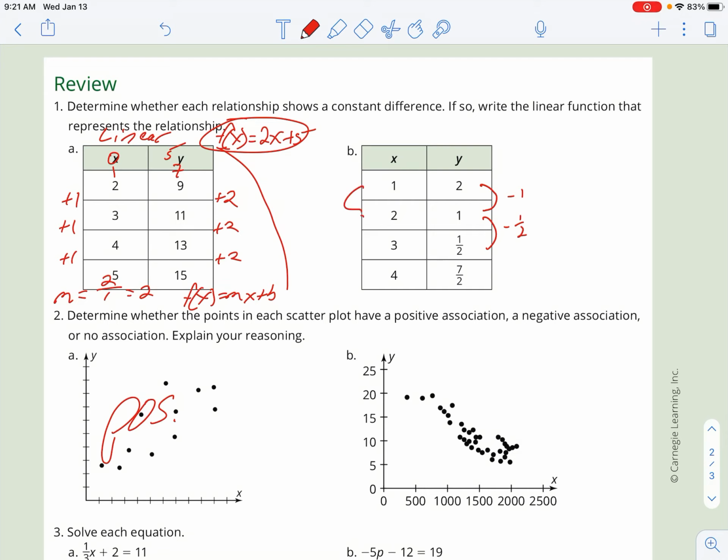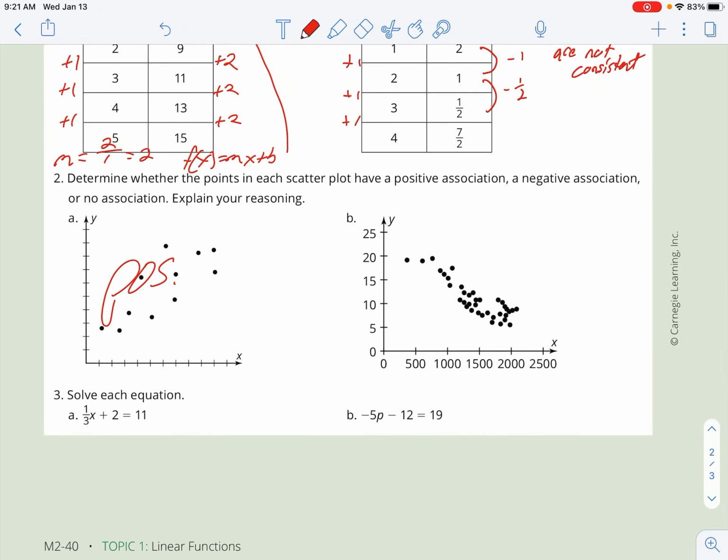The x's are cool. We are increasing by 1 each time. So that worked out, but we got to look at both of those. And because on the y's we are not, we're going to say it is not linear because the y values are not consistent.